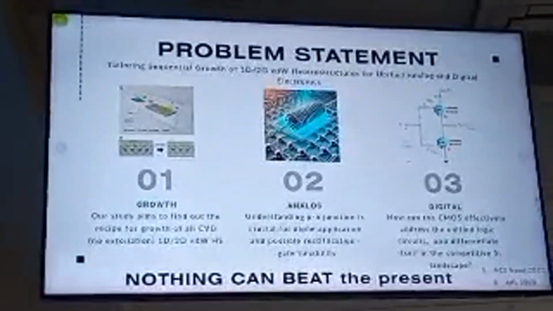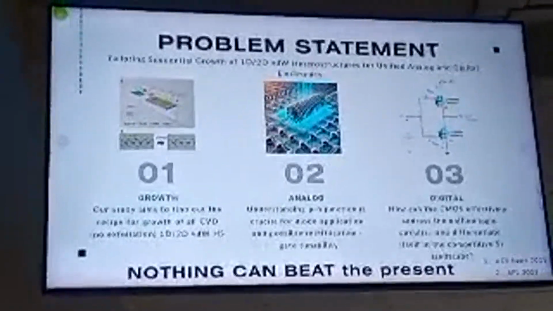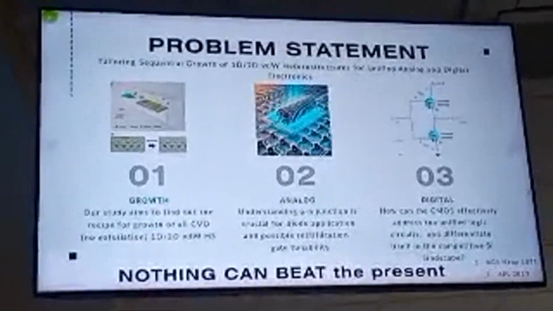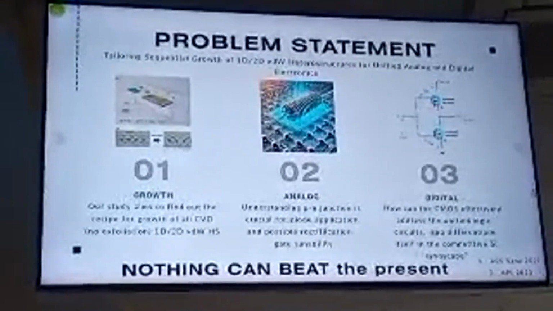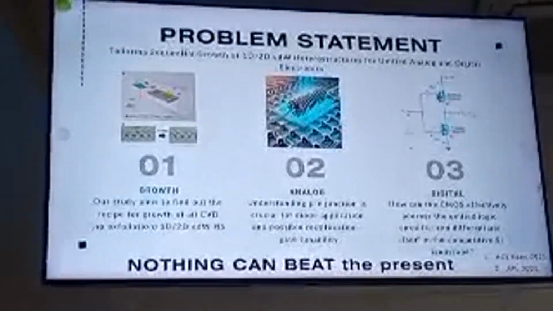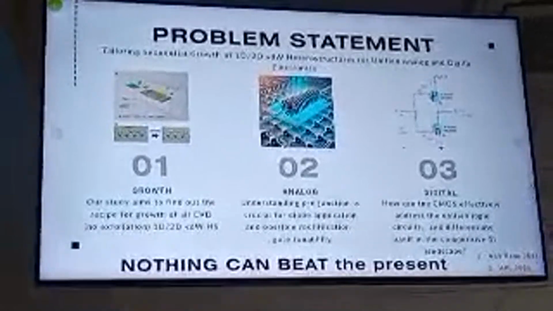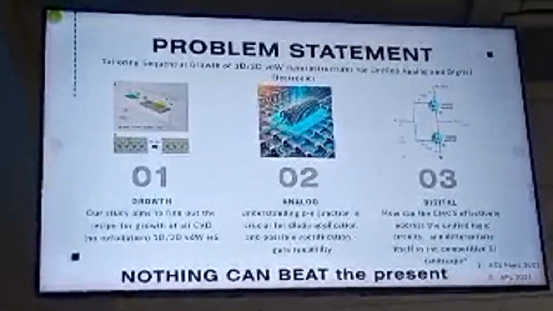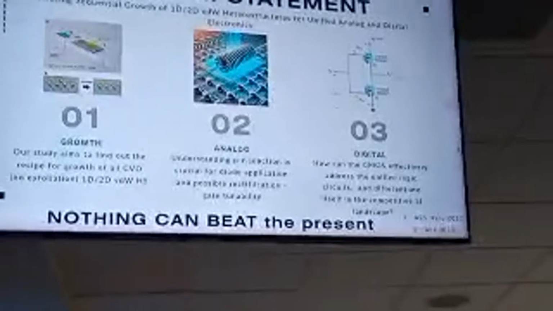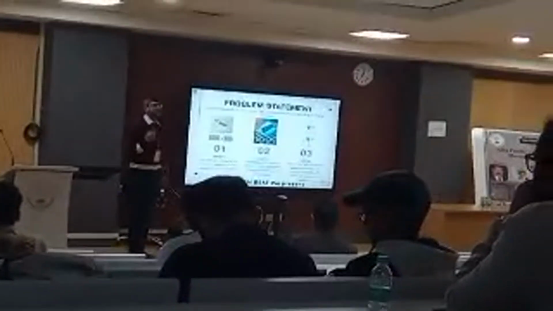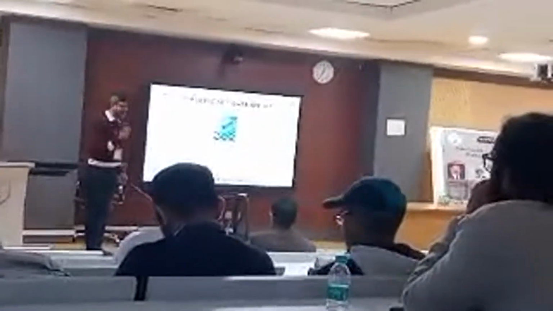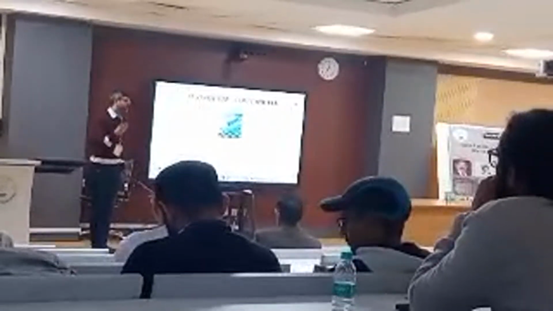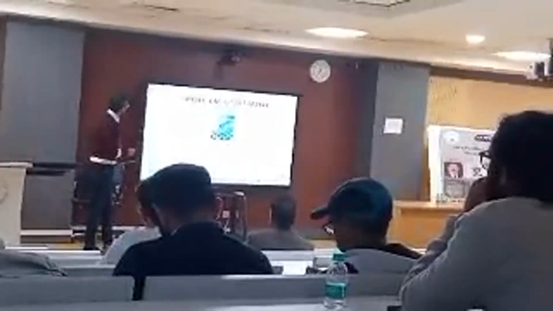So the problem statement for us is: from the starting of the growth to fabrication to characterization, can we propose a 1D-2D heterostructure for making these sort of operations that different hetero elements in a microprocessor do? It's like unification, one simple solution for different circuit operations like switching, transistors, and so on.